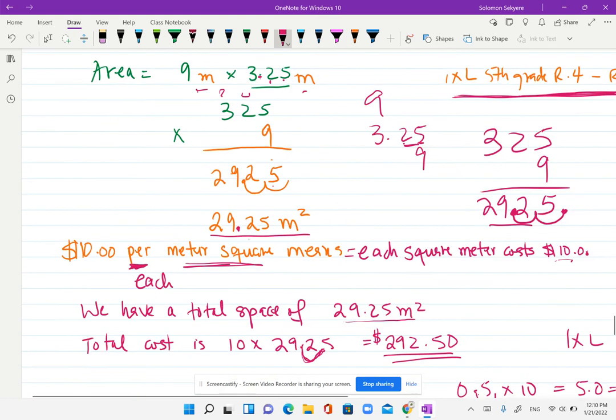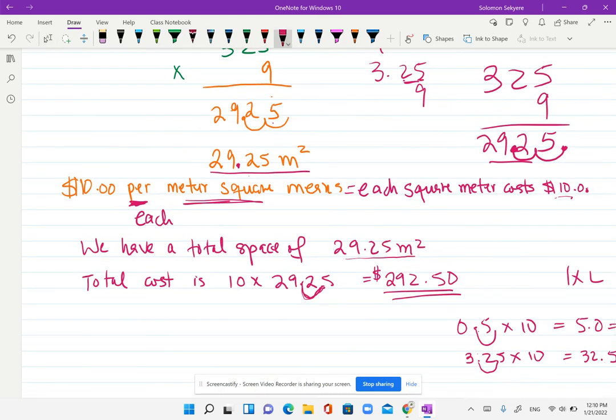You know the area, and you're told it's $10 per square meter. What does it mean? That means each square meter is going to cost $10. How much space do we have? We have 29.25 square meters, and each of them costs $10. So we multiply 29.25 by 10.